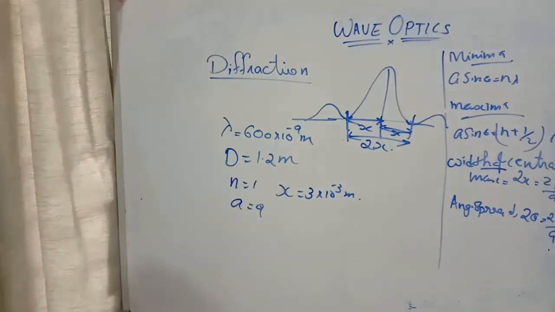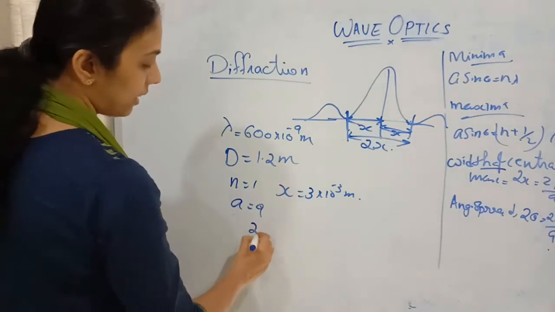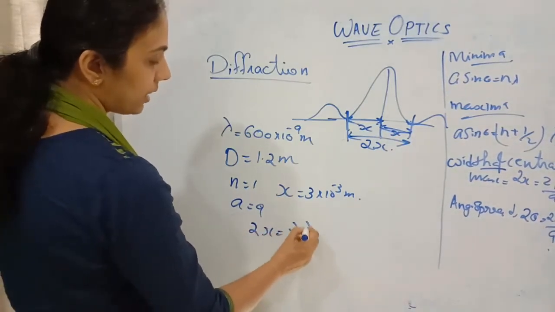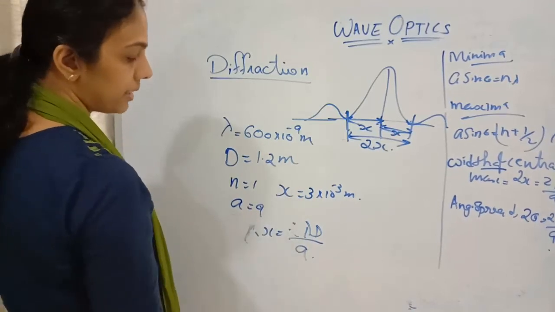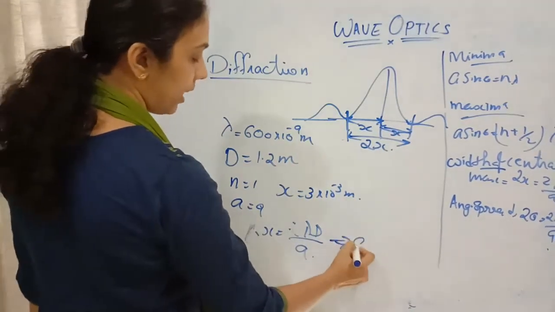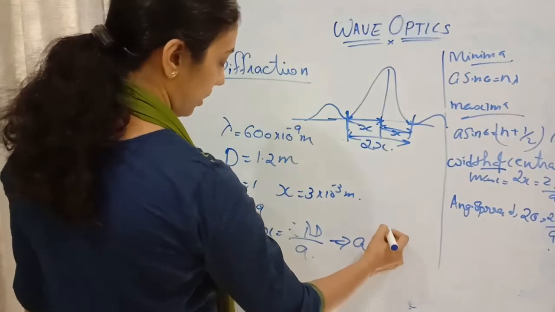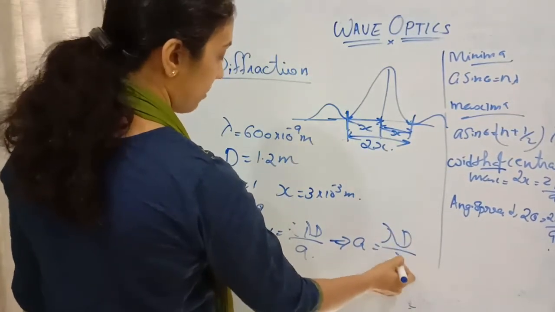2x equals 2 lambda capital D divided by a, or x is equal to lambda capital D divided by a. Therefore, a equals lambda capital D divided by x.